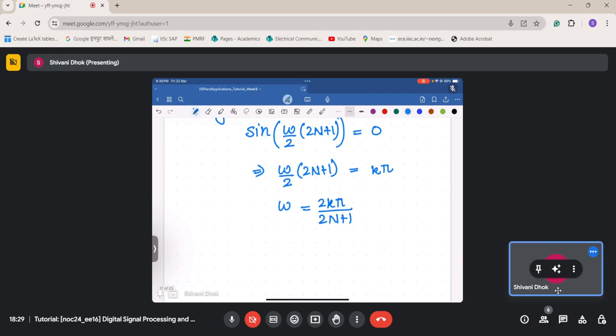Okay, now how many values can this k take?